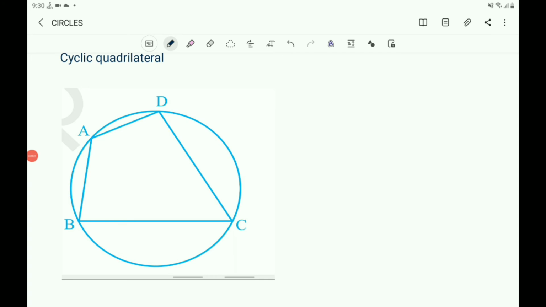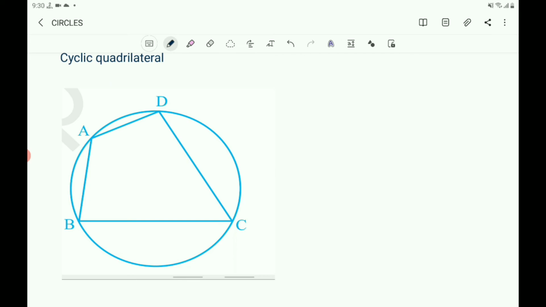Now about cyclic quadrilateral. Now what is quadrilateral? Quadrilateral is a plane figure bounded by 4 non-collinear line segments. But here, what is cyclic quadrilateral? It is a special type of quadrilateral. How can you define the cyclic quadrilateral?